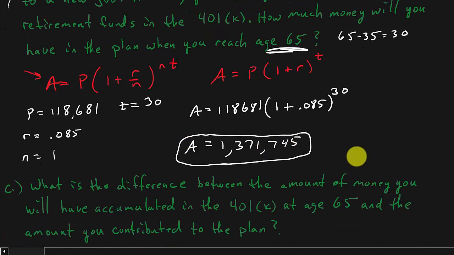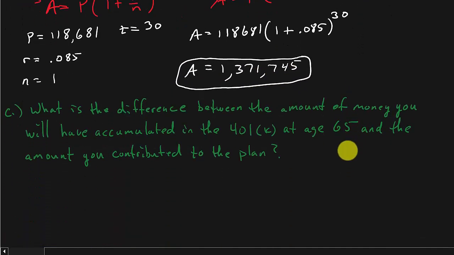And then look at here, there's a part C too. What is the difference between the amount of money you will have accumulated in the 401k at age 65 and the amount you contributed to the plan? All right. So we did what? What did we contribute?